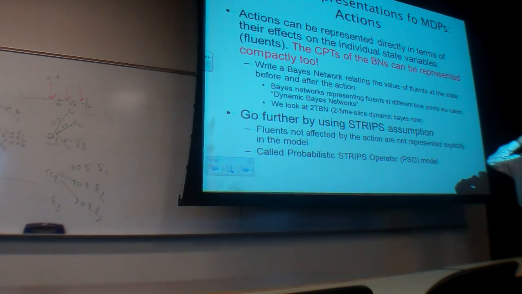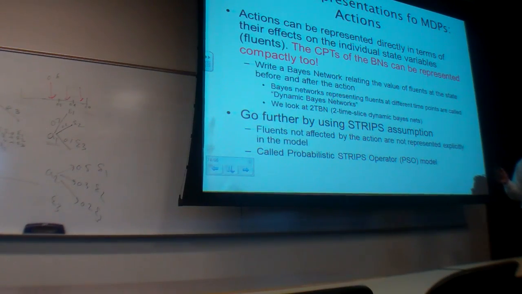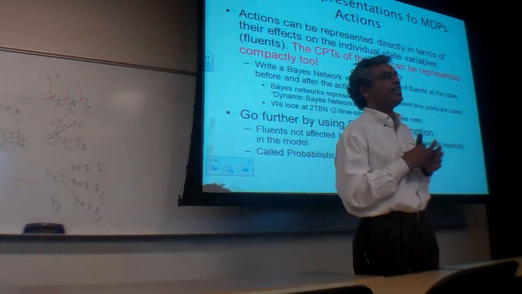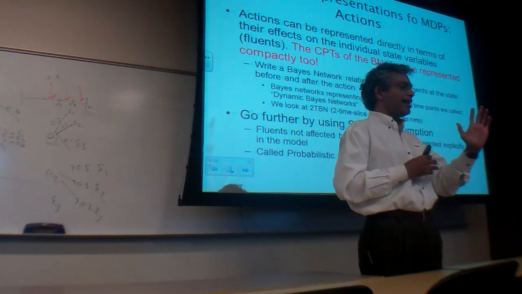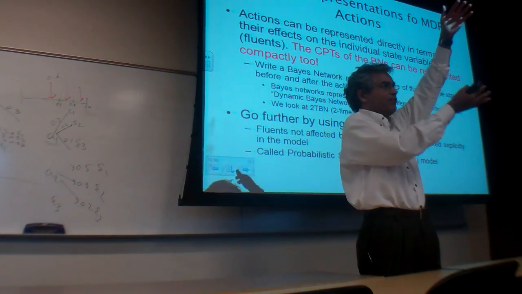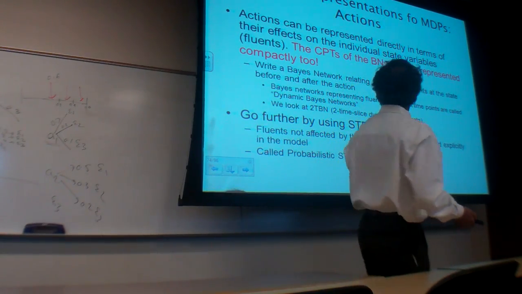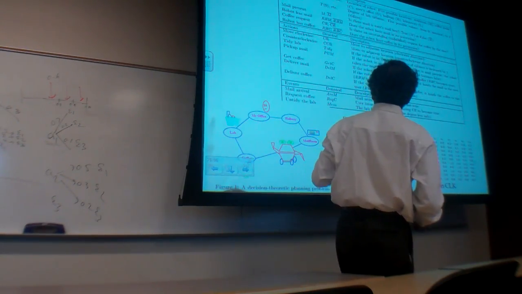If you have discrete state variables, then actions can directly be modeled in terms of how they change the values of the state variables. You take a snapshot of the variables before the action and what happens to them after the action. And then there are approaches for doing that.